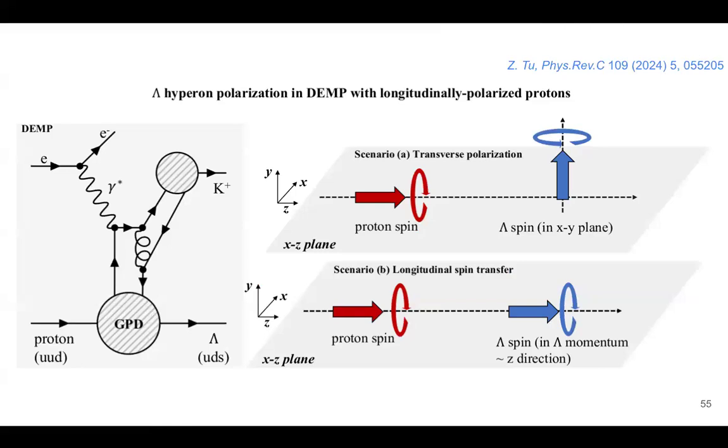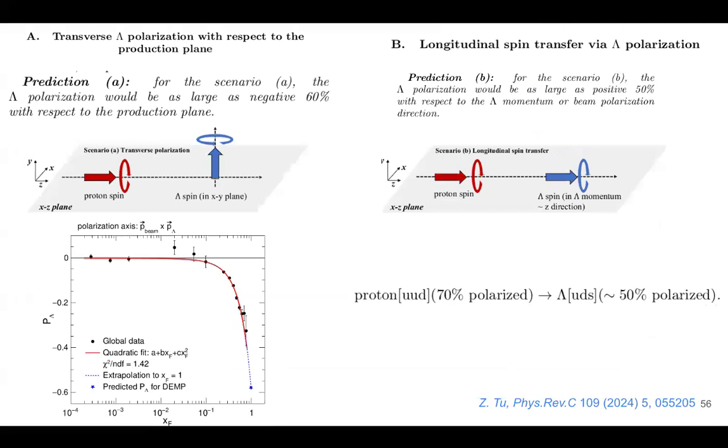It's exclusive, which has that nice feature. So there are no feed-downs, for example, that can produce lambda. And moreover, you get XF, which is very high. And so the signal will cover a region that cannot be covered with proton-proton collisions, for example. As you can see on the left-hand side plot, the EIC will go right to 1, maybe a little bit below 1. So that maximizes the signal too. So I guess the answer is that the production mechanism is a lot cleaner, so you will get one answer or the other and no competing processes.